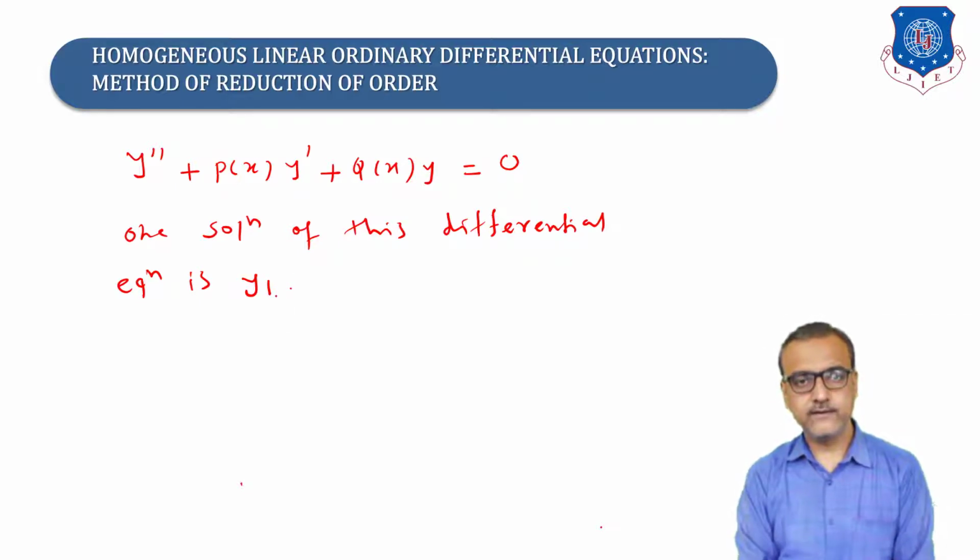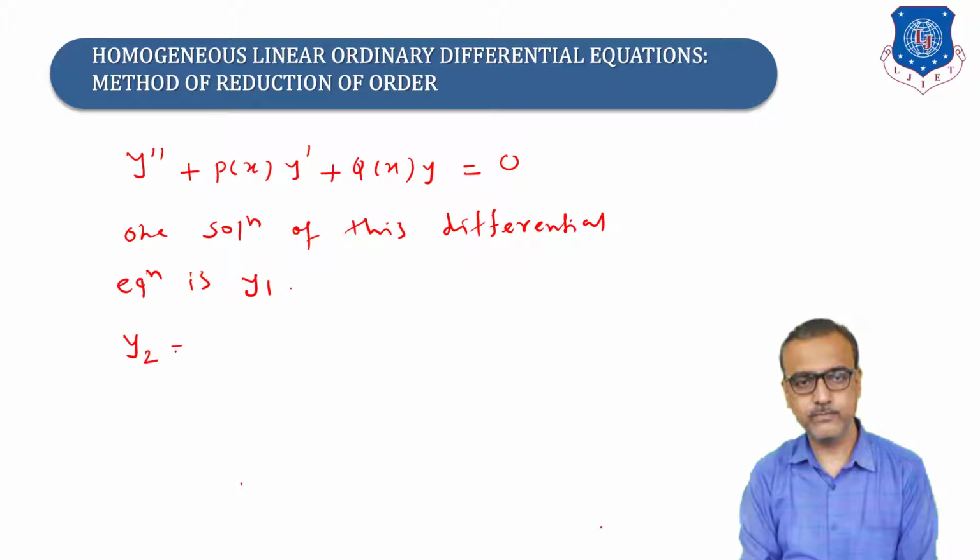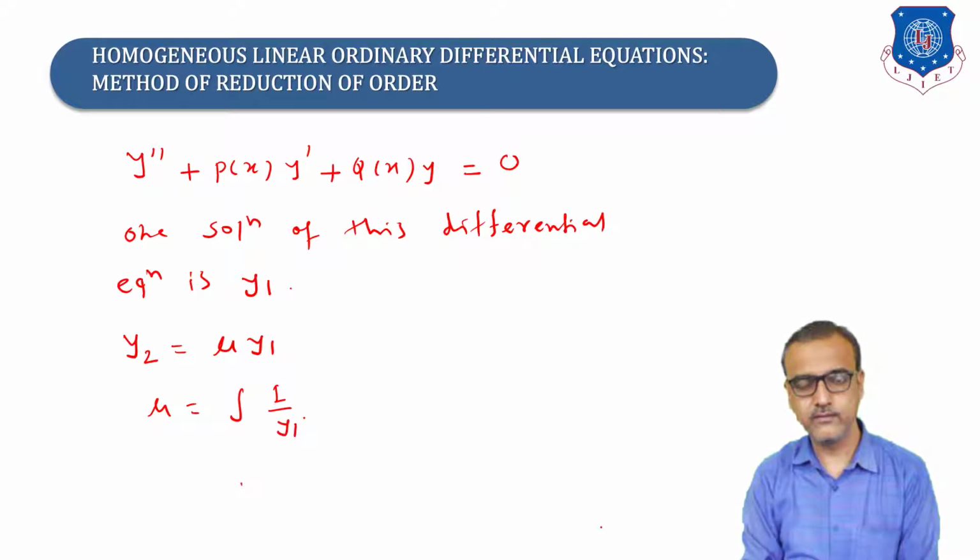Now we will find out its second solution, say y2. So how will we find it? y2 equals u y1, where u equals integration 1 upon y1 square e raised to minus integration p of x dx dx.